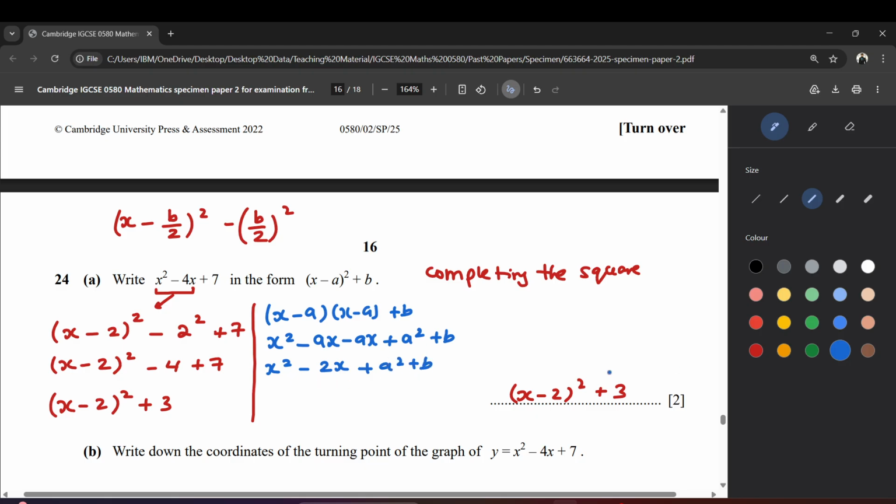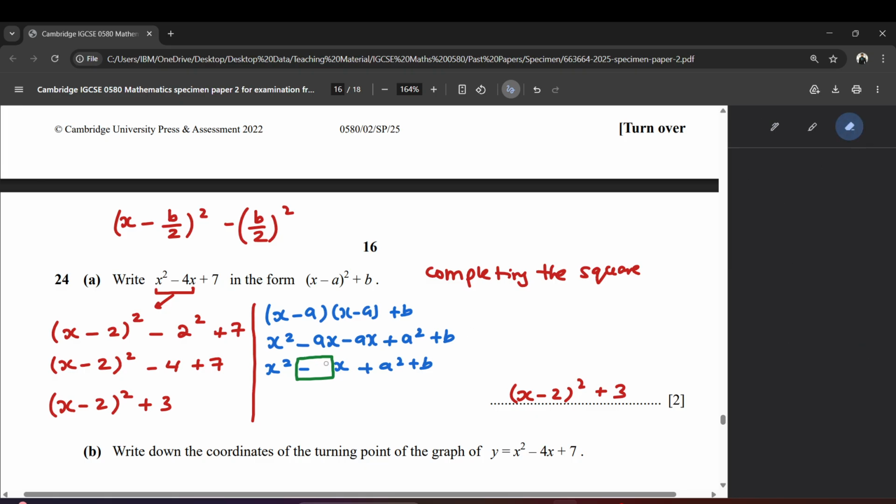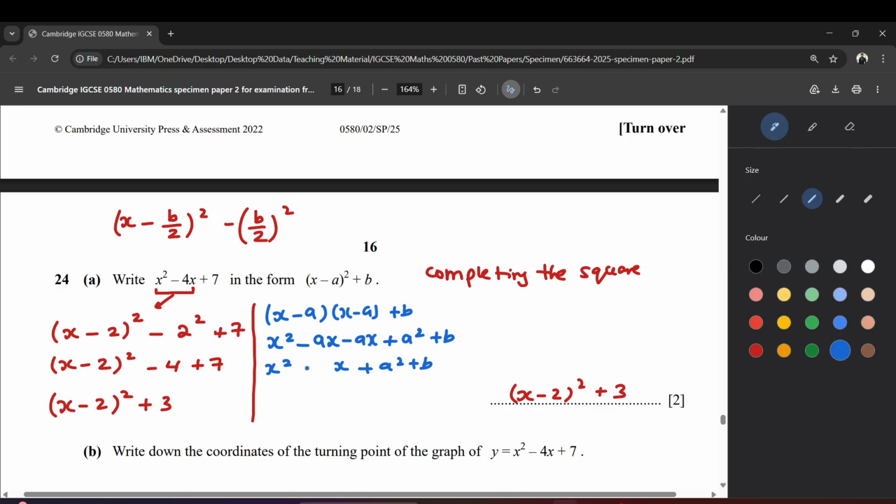Now because you've expanded this, you can just compare the coefficients. Sorry, my bad, this is minus 2ax.